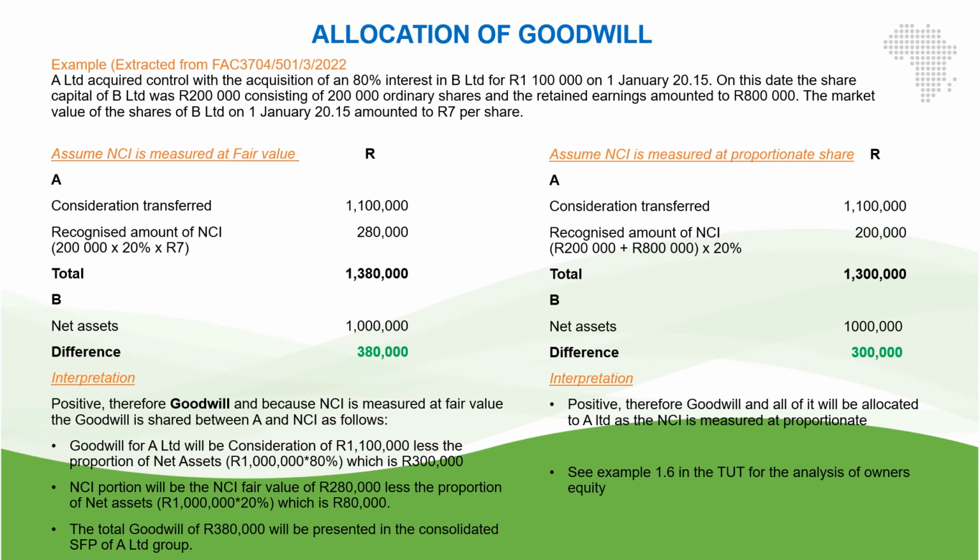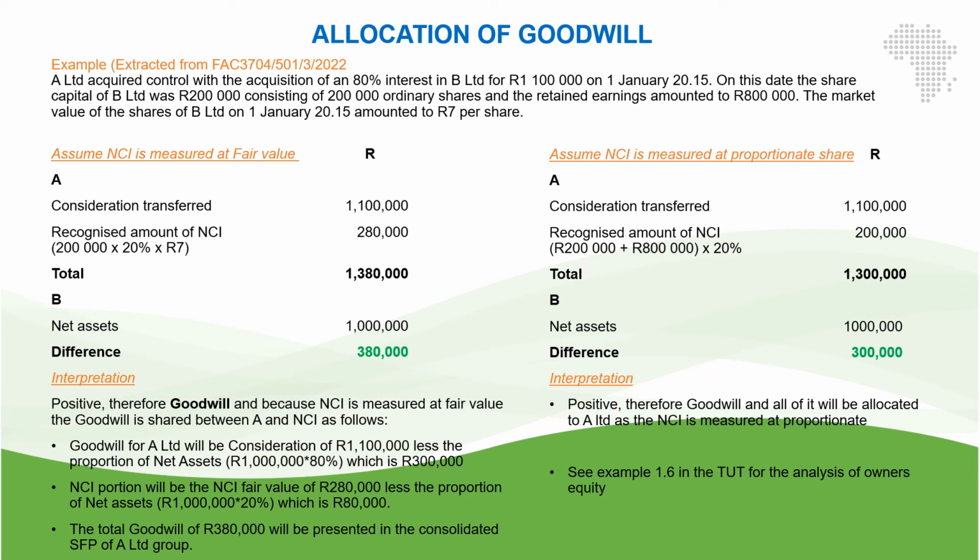It will be 80% of the net asset, which is 800. Therefore, the difference between what they've paid and what they get in terms of the net asset is 300. And then for the NCI, we need to say the fair value of NCI is 280, and then what is the portion of net asset that they own? It is 20% of 1 million, and therefore that's 200.